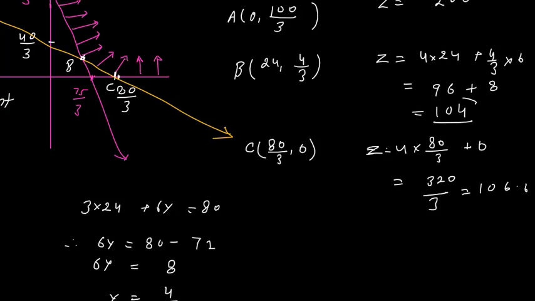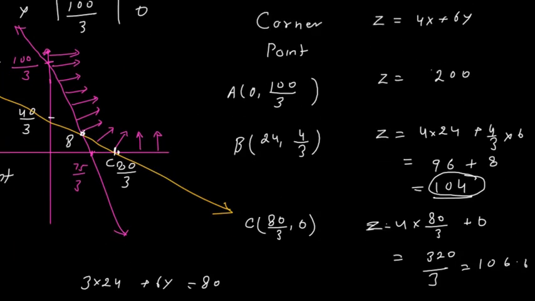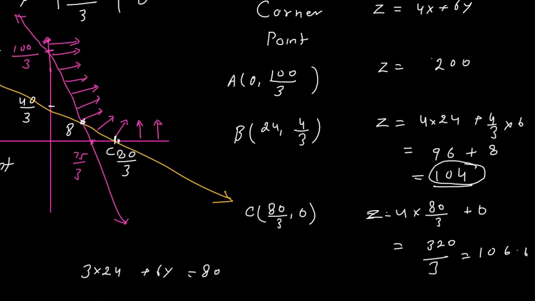So what is the minimum value? Minimum value is 104. Now this value 104 could be the minimum value. It depends on a condition that I will draw an equation and I see if there is any common point.